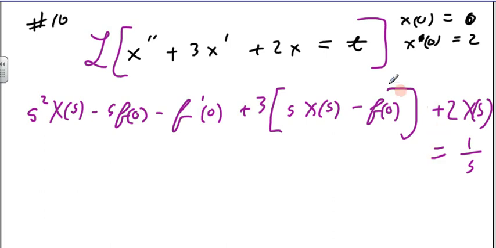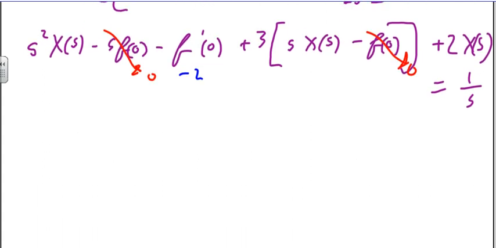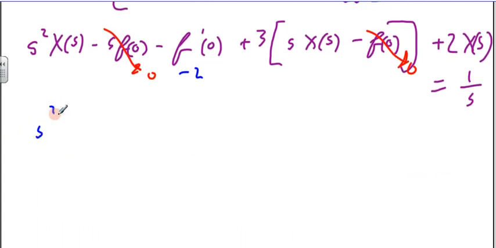That's number 5, if anybody was wondering. Okay, and applying the initial conditions, that guy's 0, this guy's 0, and f prime of 0 would be 2. So I've got s squared plus 3s plus 2 times X of s.